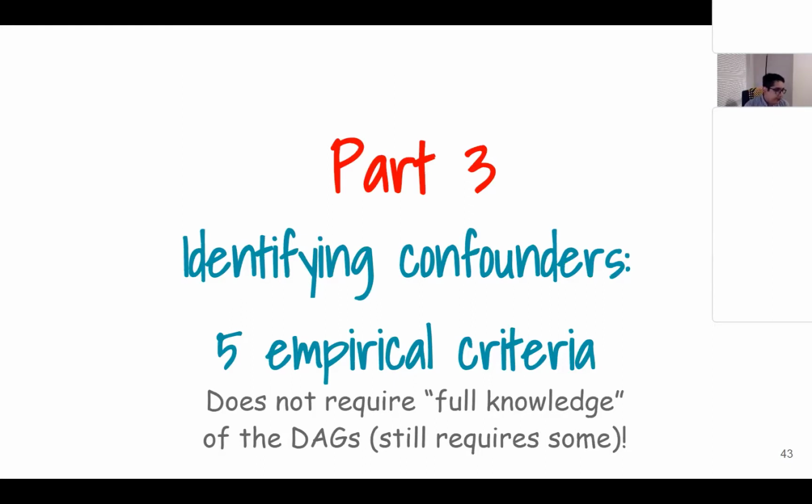So even if hypothetically finding the solution of a DAG is very easy, you just have to go to the DAGitty website, in reality, when you are working with observational data and trying to use this kind of idea for identifying confounders or confounding in your own analysis, this may not be that easy, right?